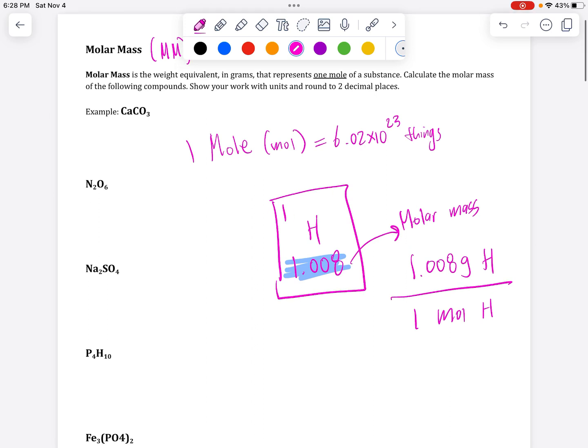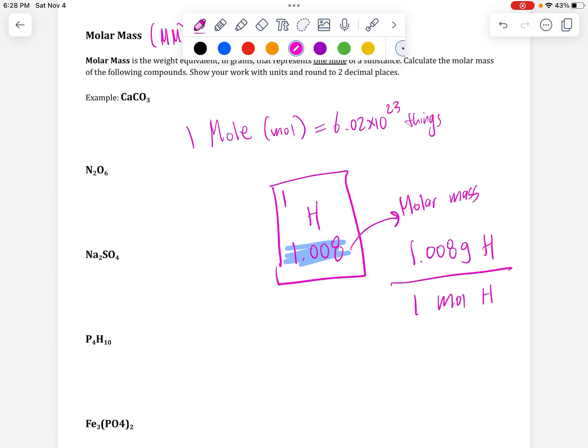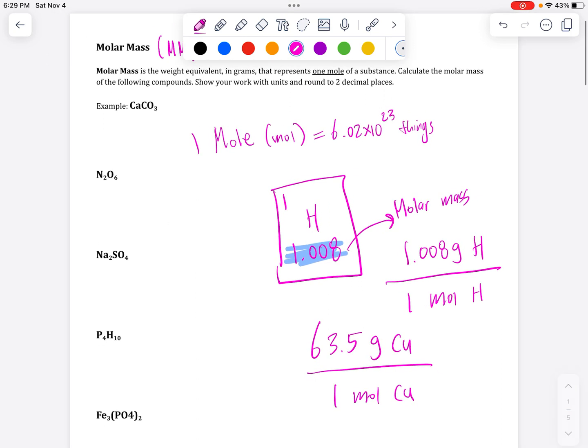If you look on the periodic table, the number below the symbol is 63.5. Which means if I had 63.5 grams of copper, I would have 1 mole of copper. That's a lot of copper atoms.